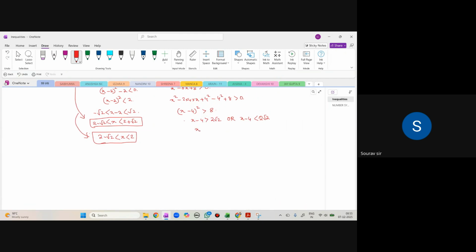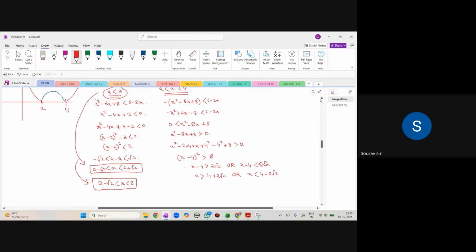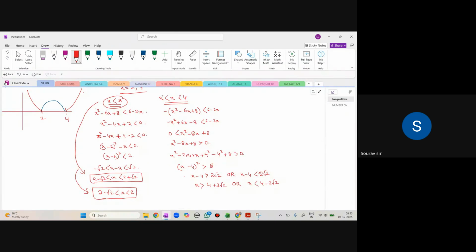So that means x is greater than 4 plus 2 root 2 or x is less than 4 minus 2 root 2. Okay. But here you have to be careful about the starting condition. X has to lie between 2 and 4.